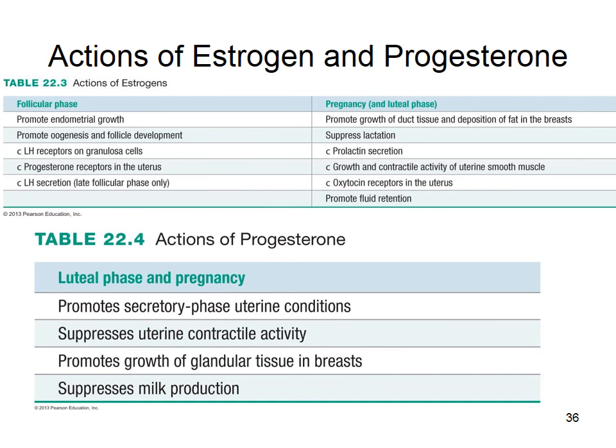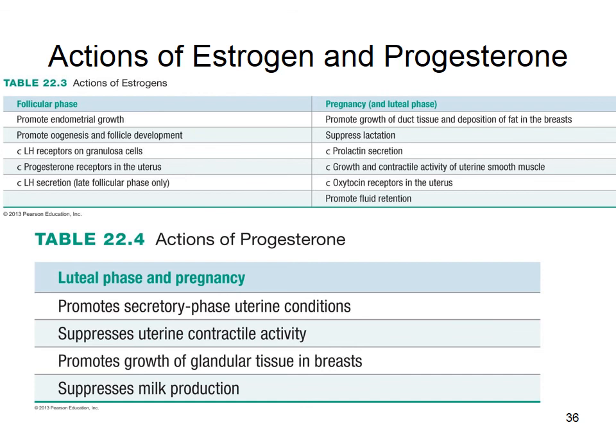During pregnancy, as well as the luteal phase, estrogen promotes the growth of duct tissue and deposition of fat in breasts to get ready for milk production. It's going to suppress lactation, though. So at birth, both estrogen and progesterone levels drop way off to allow lactation to occur, because estrogen suppresses it.